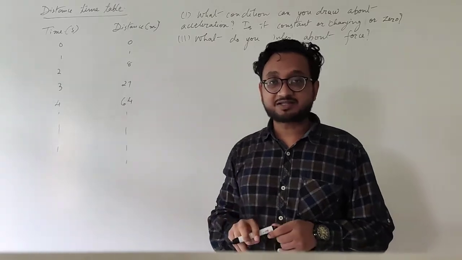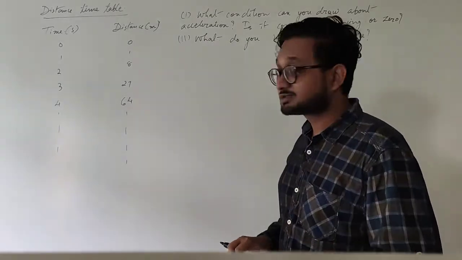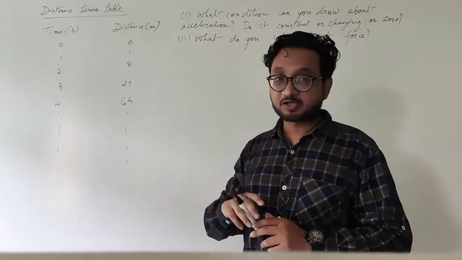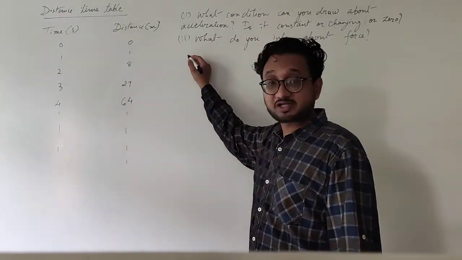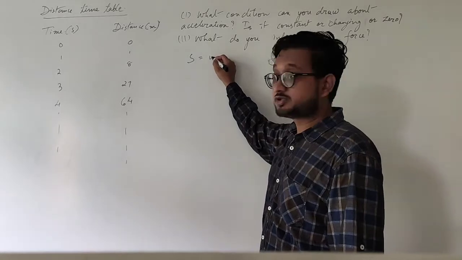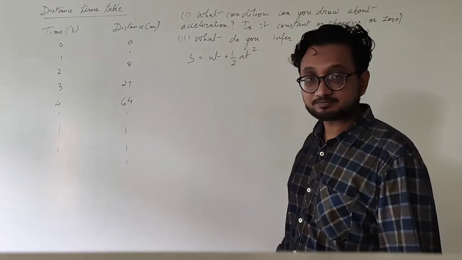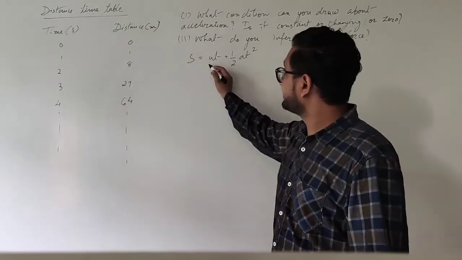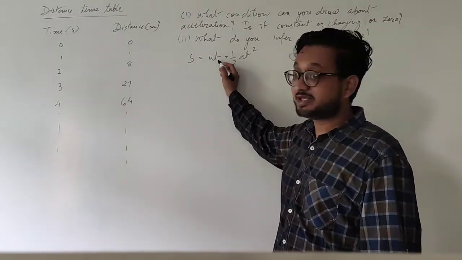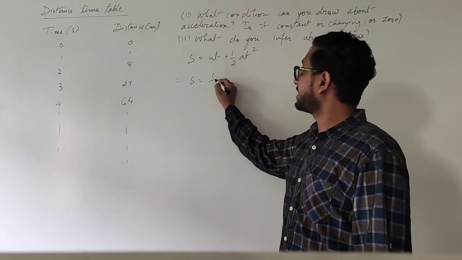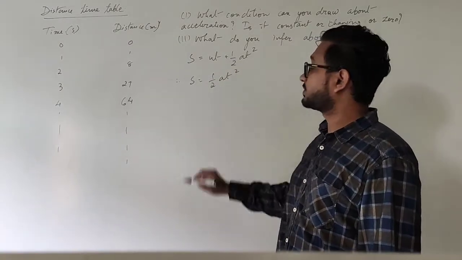So in order to find the acceleration, you have to use the second equation of motion once again, what we just studied in the previous chapter. So the equation is S is equal to ut plus half at square. Now obviously the initial velocity is 0, so 0 into t becomes 0. So what you have over here is S is equal to half at square.